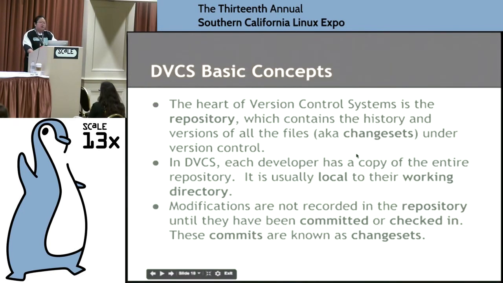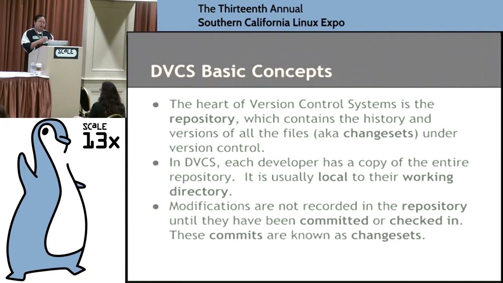So I don't really want to get too much into the basic concepts. As long as you understand the concept of a repository, the repository is basically the structure that has all the different versions of the files, that knows everything about the state of your project. It has the entire history, the metadata, all the change logs.